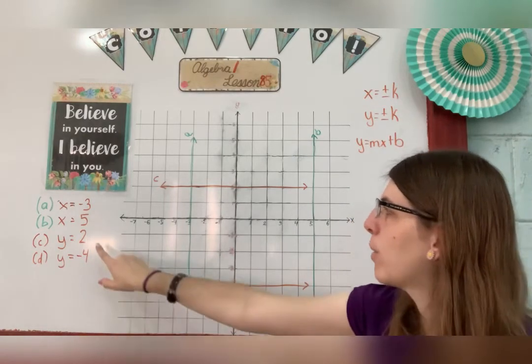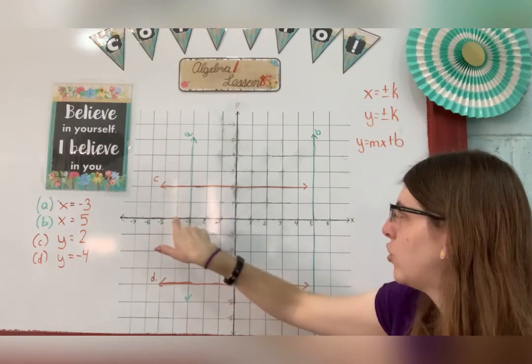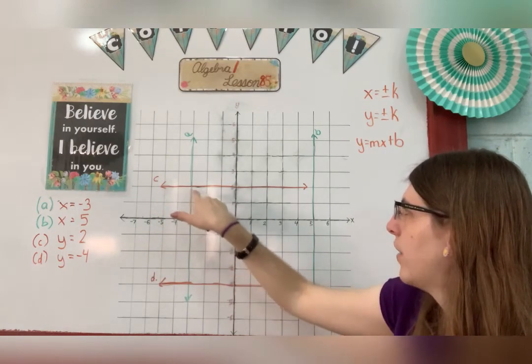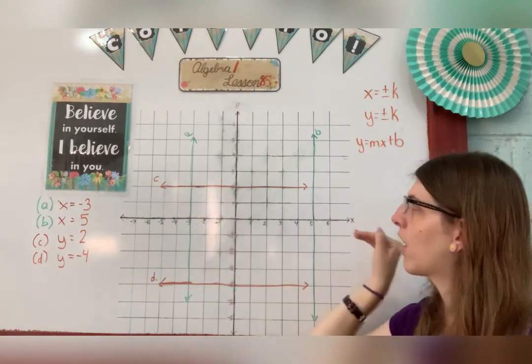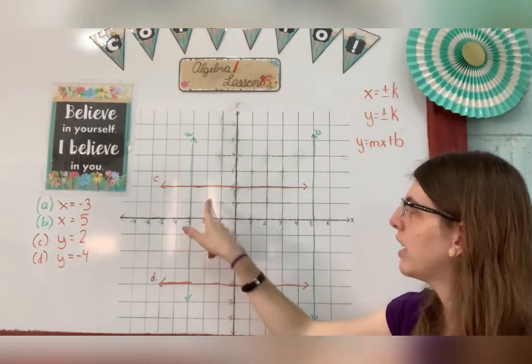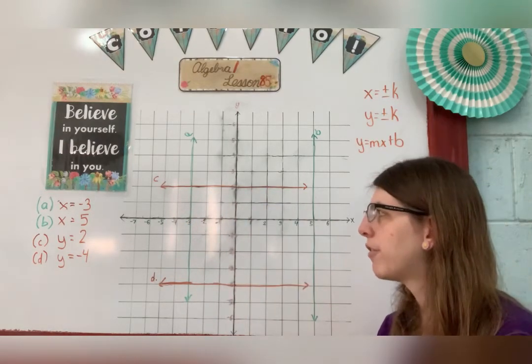So if you look at equation C, y equals 2, you see that every point is 2 units above the x-axis. So remember, this is our y-axis, this is our x-axis. So y equals 2, every single point is 2 units above.